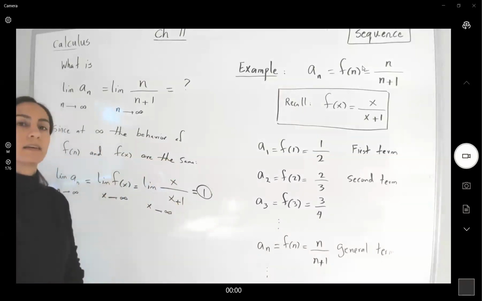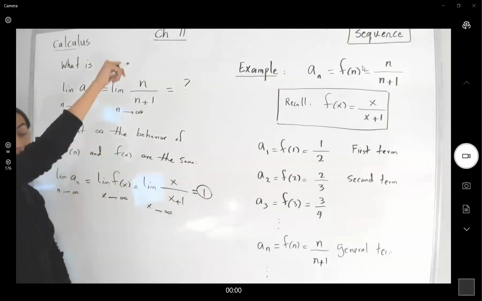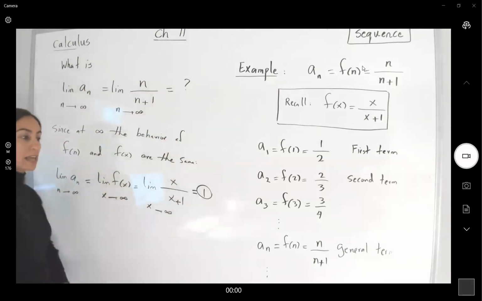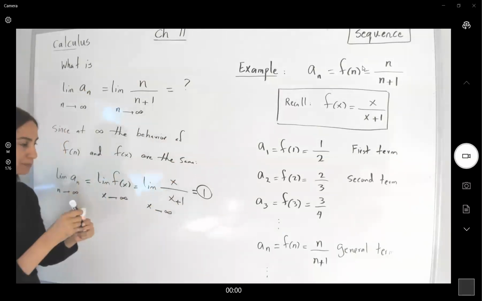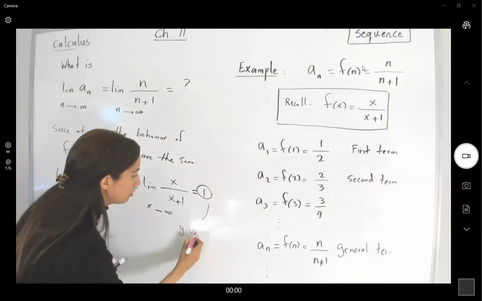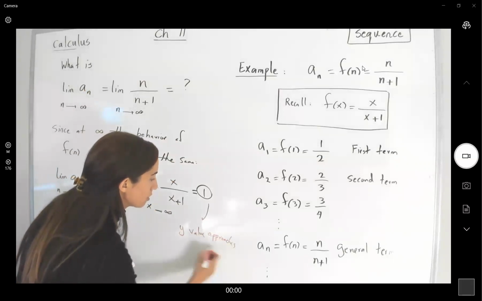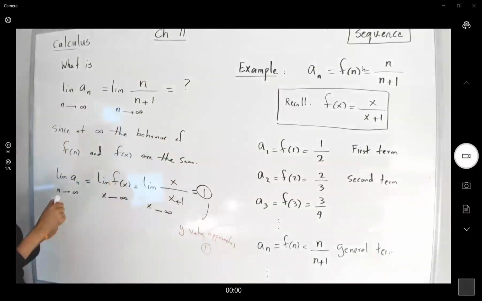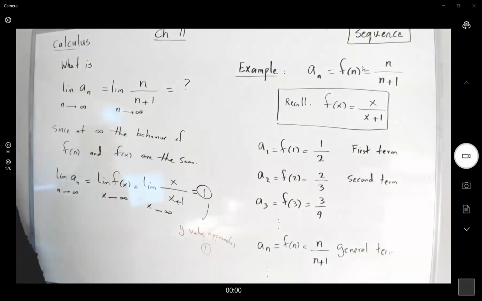So at infinity, the end behavior of this sequence is the same as the end behavior of this function, and it is equal to 1. My y value approaches 1. What's the graph like? It's not that hard to visualize this.